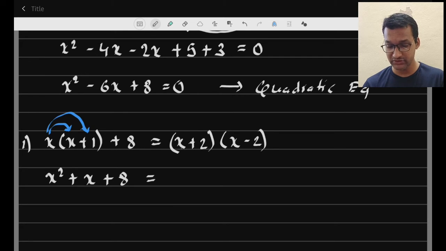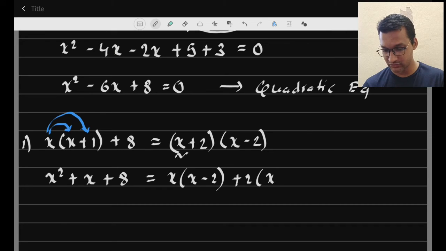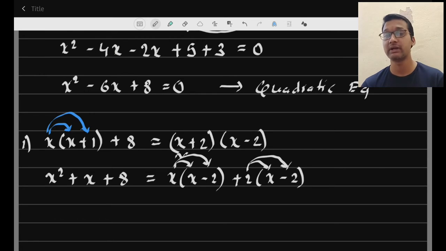How to multiply this? The first term here is x. Multiply this x to the whole of this second bracket, and plus 2 you multiply again to the whole of this second bracket. Now again this x will multiply to x and 2, and 2 will multiply to x, and it will also multiply to this minus 2.